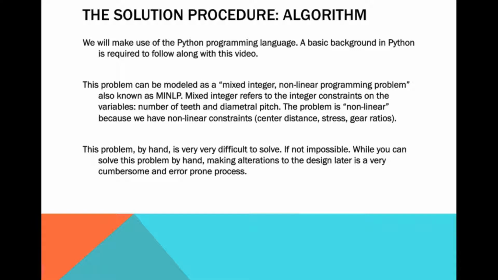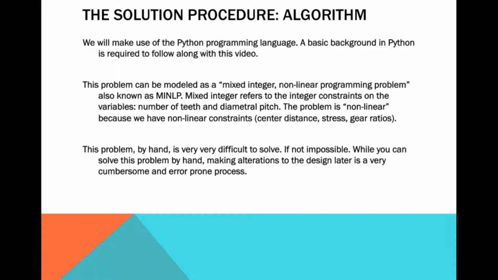So we would have 0.01 as our error, and we're trying to minimize that error for both ratios. So that's why this is an optimization problem. And it's a mixed integer optimization problem because some of our variables must be integers, like the pitch and the number of teeth.